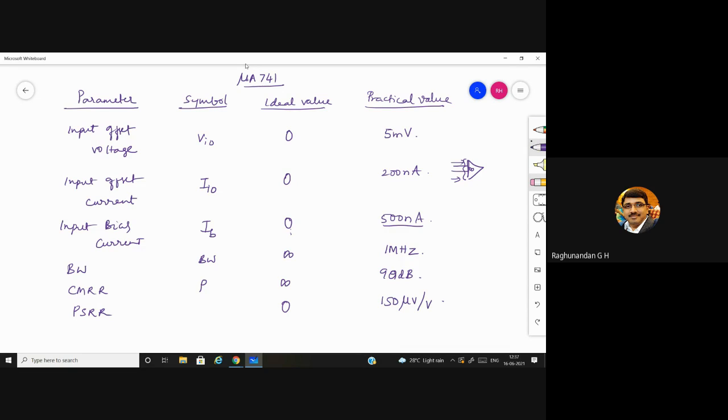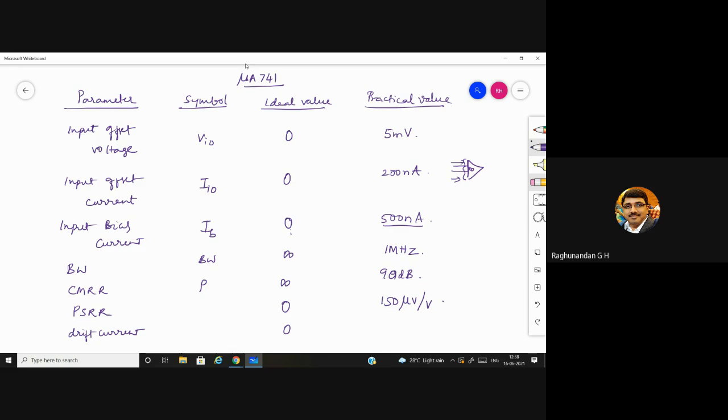After that, the drift current. Input drift current is ideally 0. This drift current is because of the temperature. When the temperature changes, there is automatically some drift. Ideally, we consider that irrespective of temperature, there is no change in the flow of current.